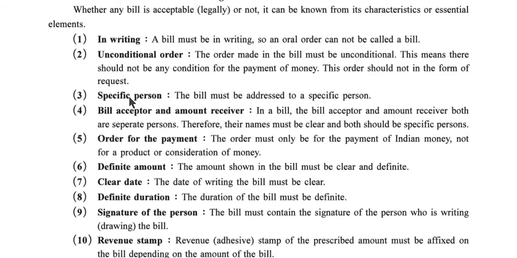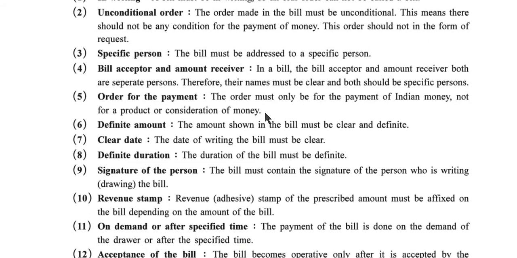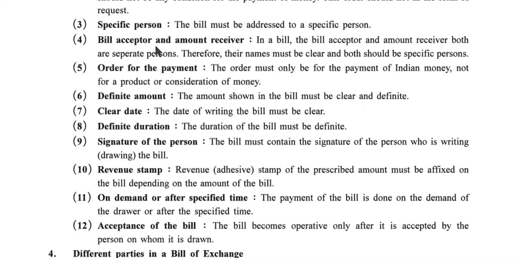Third, specific person. The bill must be addressed to a specific person. Fourth one, bill acceptor and amount receiver. In a bill, the bill acceptor and amount receiver are both separate persons. Therefore, their names must be clear and both should be specific persons.